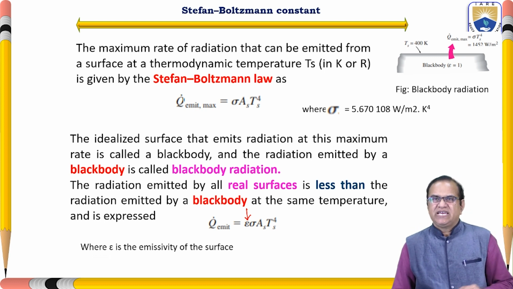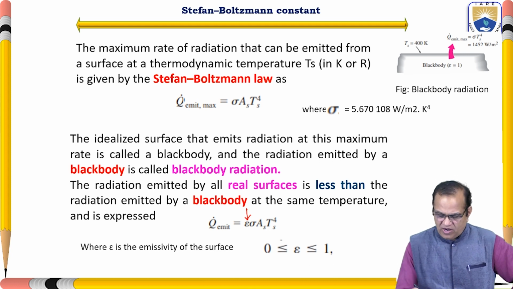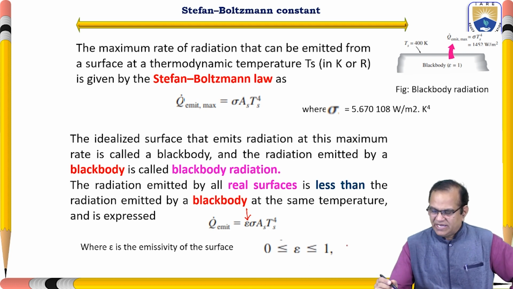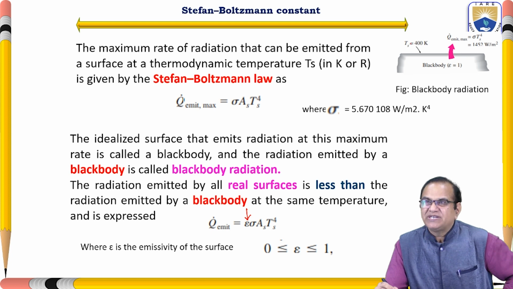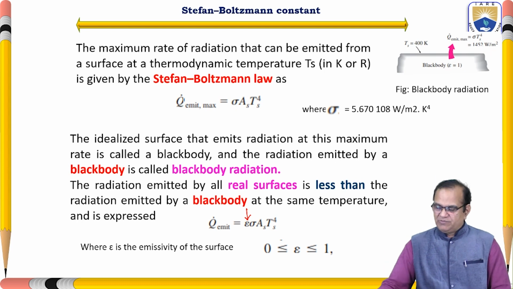Epsilon is called the emissivity of the surface, and its value falls between 0 and 1. Here you can see that if the temperature Ts is 400, Q emitted is equal to epsilon sigma Ts to the power 4 for a unit area, and you will get 1452 watt per meter square of radiation.